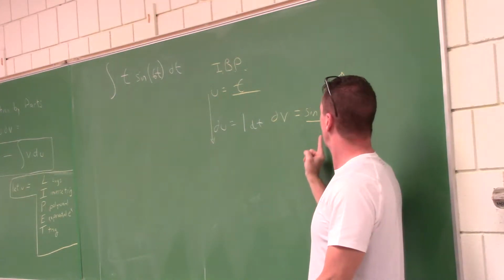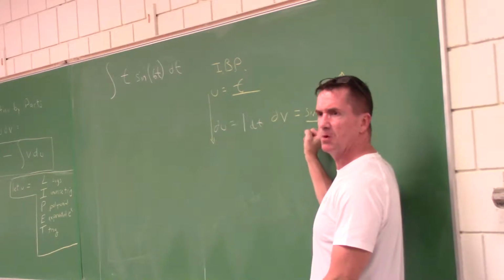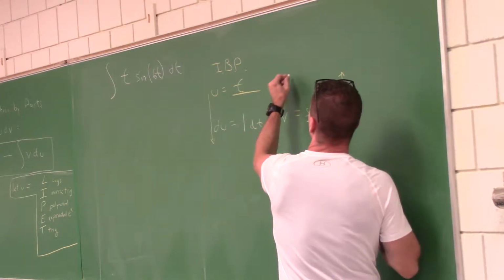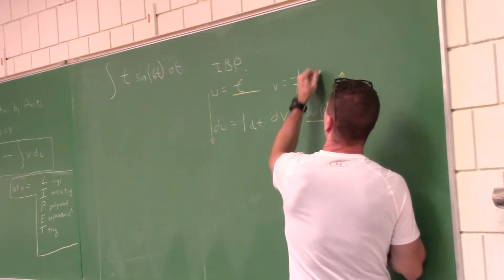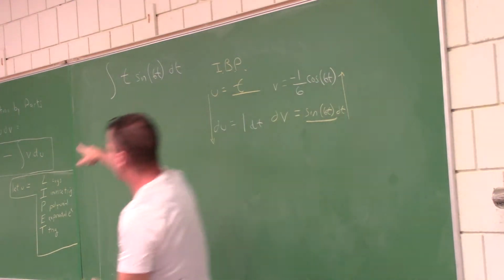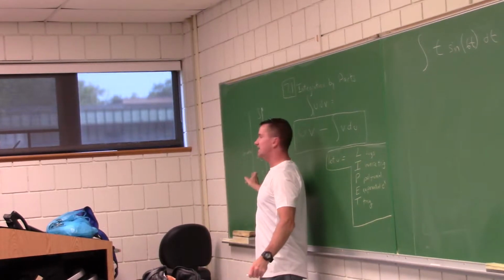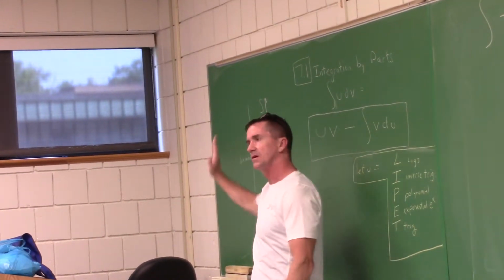That's 1 over the inside. 1 over 6 by a u sub, and then the cosine of the 6t will be positive or negative? Negative. So I'm going to write it down. It's going to be negative 1 over 6 cosine of 6t. That's the integral of that. Yeah, the integral of sine is negative cosine. We have this S, C, negative, negative pattern: S, C, S. These two negatives on the third and fourth help us know how to do integrals of sines and cosines.